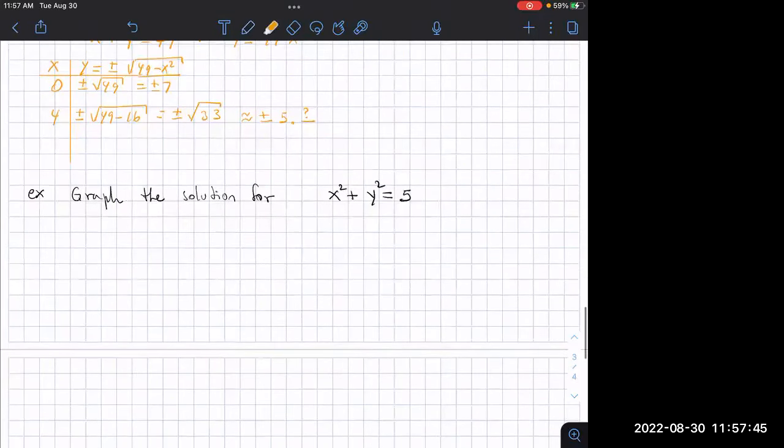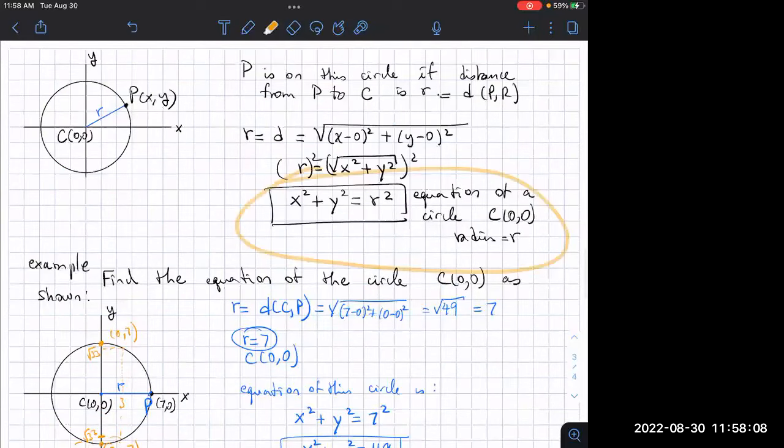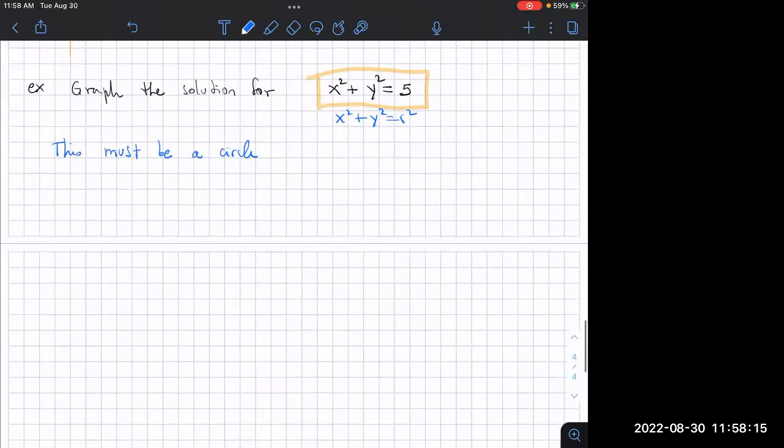Because it has the same format as x squared plus y squared equals r squared, the solution must be a circle. A circle centered at the origin with radius r.